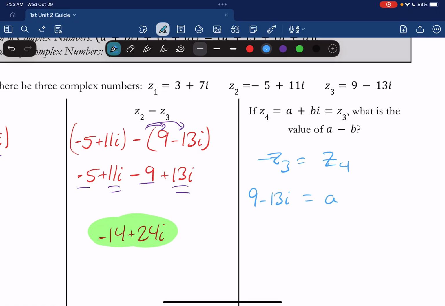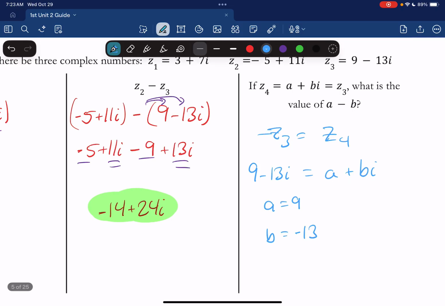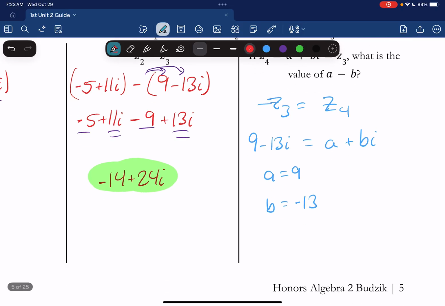This has to be equal to a plus bi. So this is telling me that a has to be 9 and that b has to be negative 13 because, again, in order for those to be equal, those real parts and imaginary parts have to be the same. So now if I just go ahead and subtract a and b, I get 9 minus negative 13, which is 9 plus 13, which is 22.